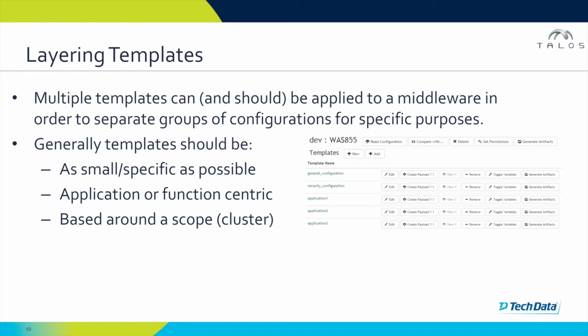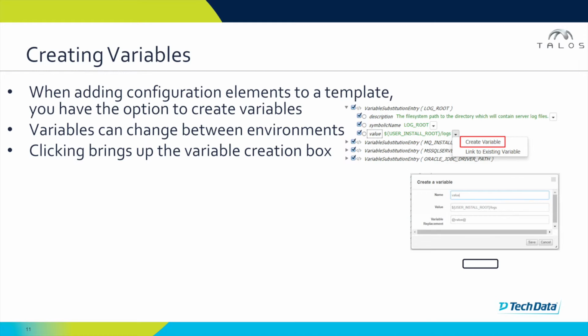So if you try and keep them as small and specific as possible, then if there is an error, it's easier to track down. If you ever want to take an application out of your existing cell and put it in a different cell, that's easier to do because you've got just that one application templated. There's lots of reasons for doing that.